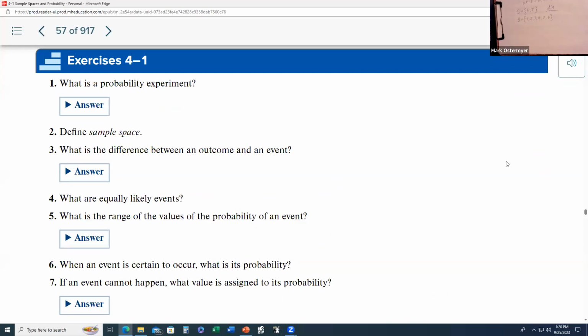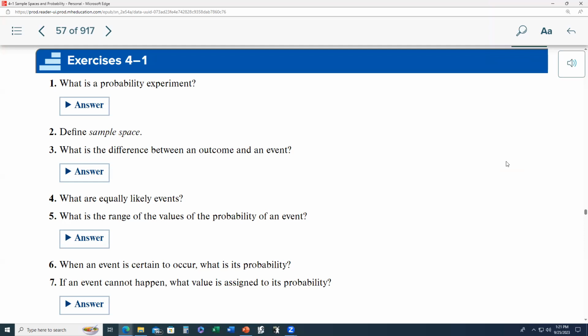Well, do you think a probability experiment would be like me going into the lab and dissecting a frog? Is that considered a probability experiment? Anybody? I would say no. Do you think a probability experiment would be me going into a lab and trying to separate oxygen and hydrogen from water?